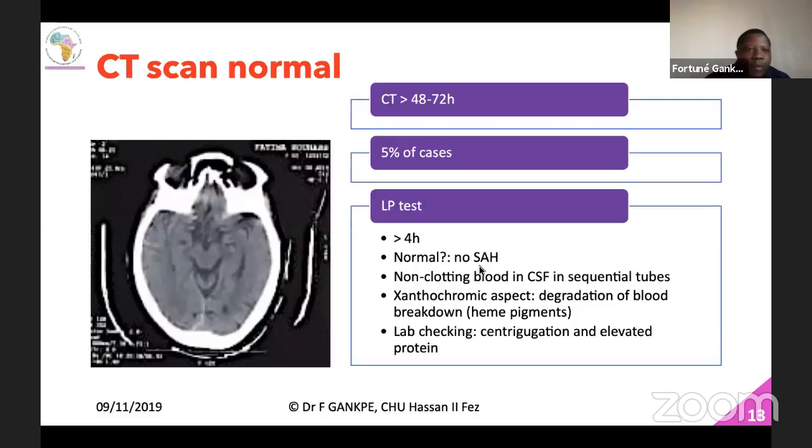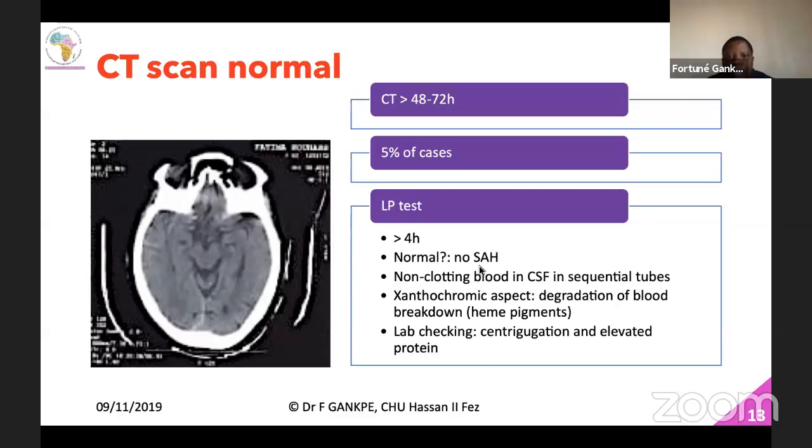Okay, but sometimes the CT scan is normal. So what can we do to make the diagnosis of subarachnoid hemorrhage when the CT scan is normal? The CT scan may be normal, for example, when it is done after 48 or 72 hours. This concerns 5% of cases, and here the lumbar puncture is very helpful to detect subarachnoid hemorrhage.